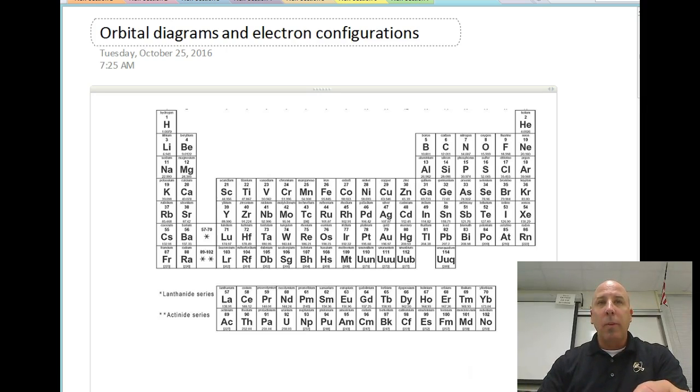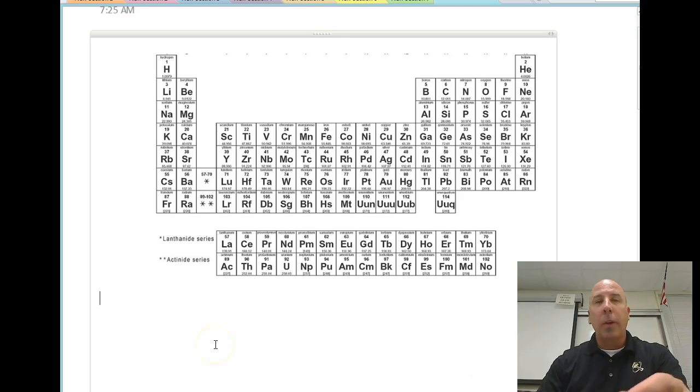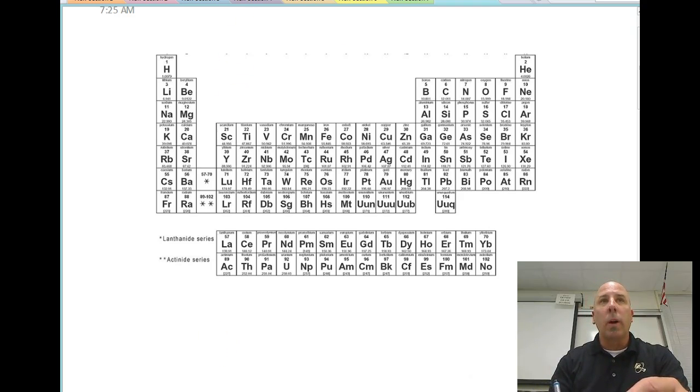Previously, we talked about how we can use the periodic table to guide us through orbital diagrams and electron configurations. If you were in period 1, this block that is 2 elements wide is our S block. On the other side of our periodic table, where a lot of the nonmetals are, this block is 6 elements wide, so that's our P block, corresponding to 6 electrons.